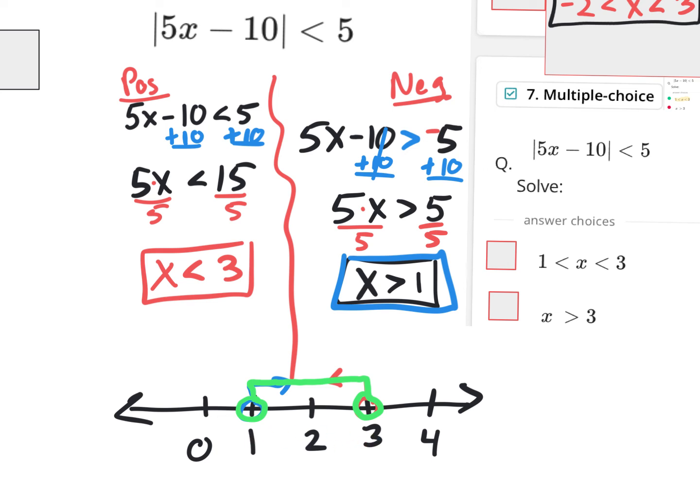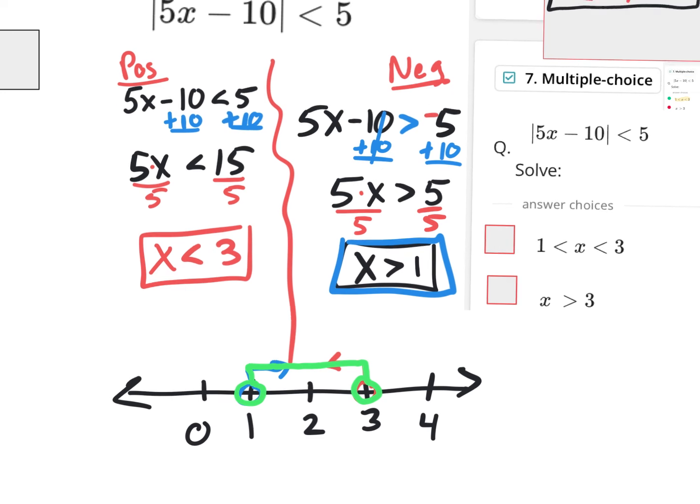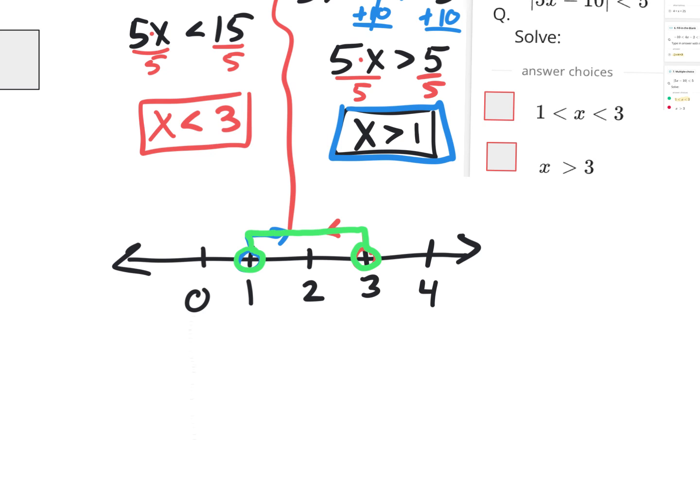So if your areas are together like this, then you're going to have to write it as a compound inequality written together with these values. And it's really easy to do that if it's already in the number line, because it's already with the smaller number on the left side, the bigger number on the right side. All you have to do is put the x in the middle, smaller number on the left, bigger number on the right, and put less than symbols, okay?